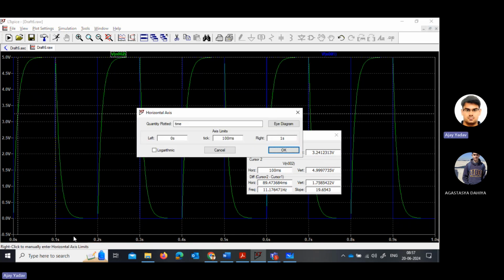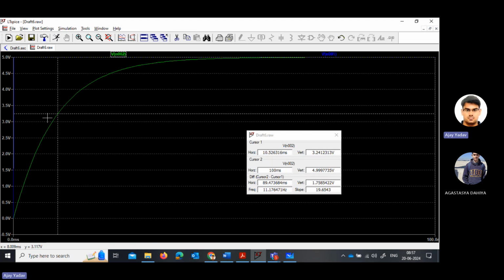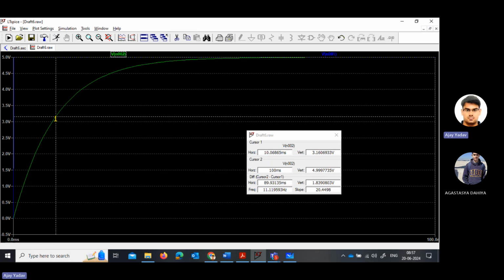In the horizontal axis, I want to observe only one pulse time, 0.1. Now I will just move this further down. Here it is almost 10.068. So it is almost perfect evaluation of this state. Now you can see that we are able to observe the rise time.